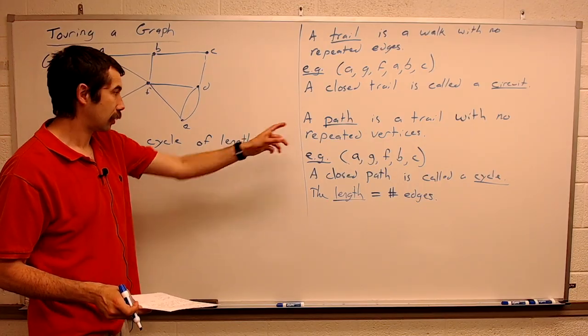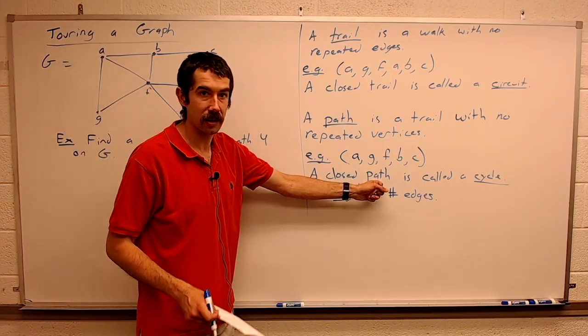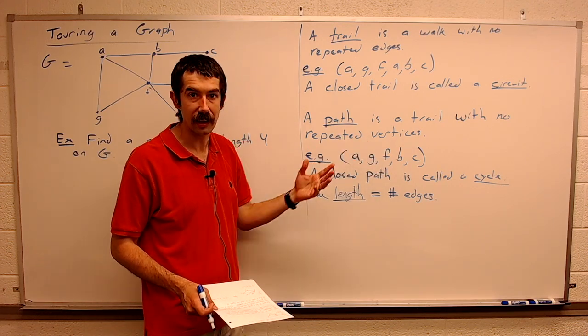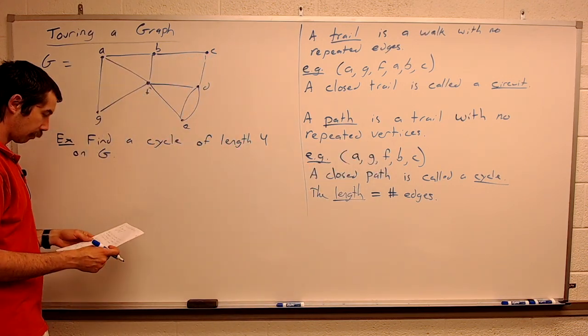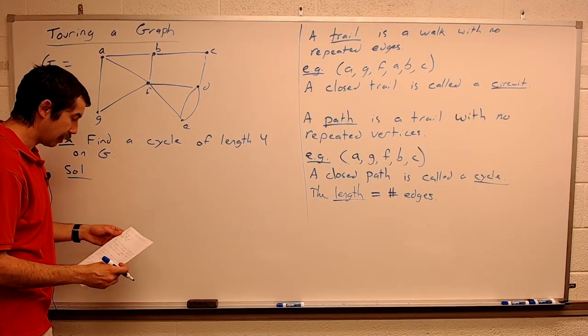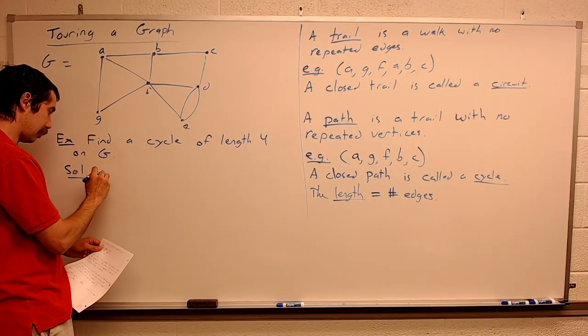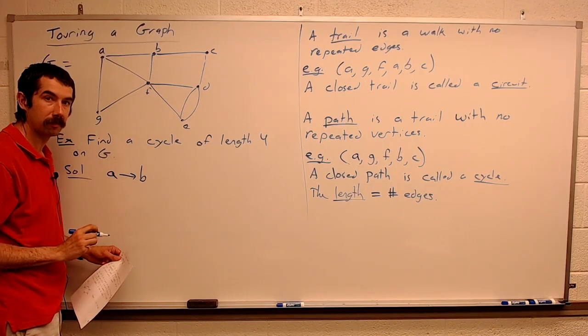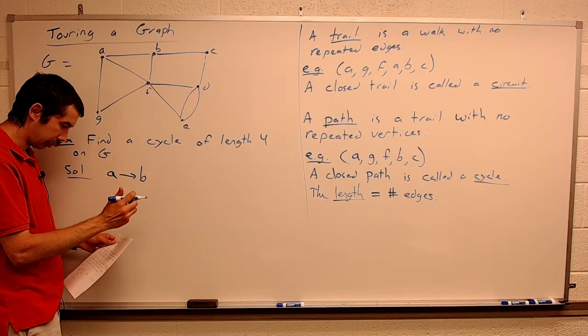We need a cycle is a path that starts and ends at the same point. So we just make sure no repeated vertices, and then the length is the number of edges. All right, so my answer is maybe we start at A, and we go to B. That's one edge.